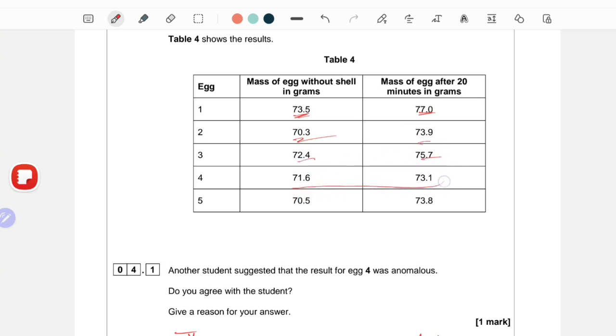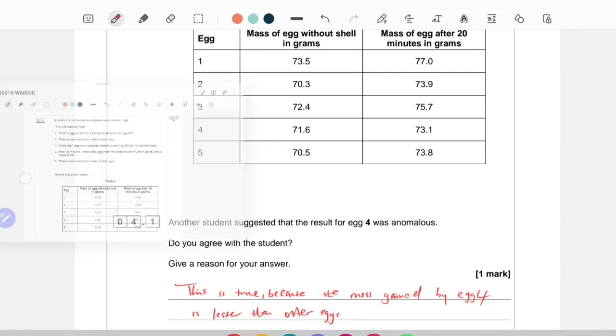But this one is not even up to 2. So that means it's not consistent. Look at this. This is more than 2, or in fact more than 3, or thereabout. So this is anomalous. Anomalous means that it is faulty. There's something wrong. It's not consistent with the others. That's why that is the answer.